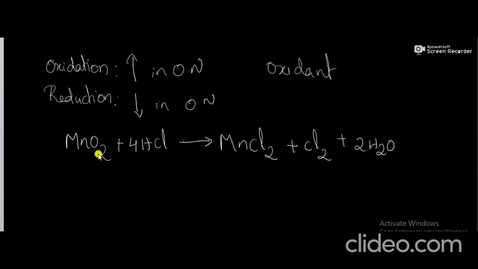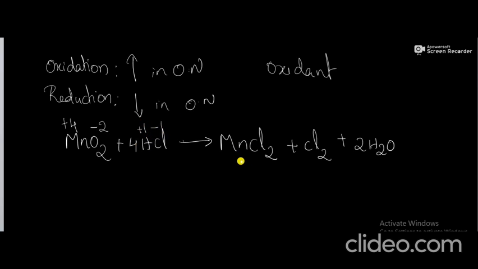First, MnO2. Here the oxidation number of oxygen is -2, so the oxidation number of manganese will be +4. Then this is HCl. The oxidation number of Cl is -1 and the oxidation number of hydrogen is +1.